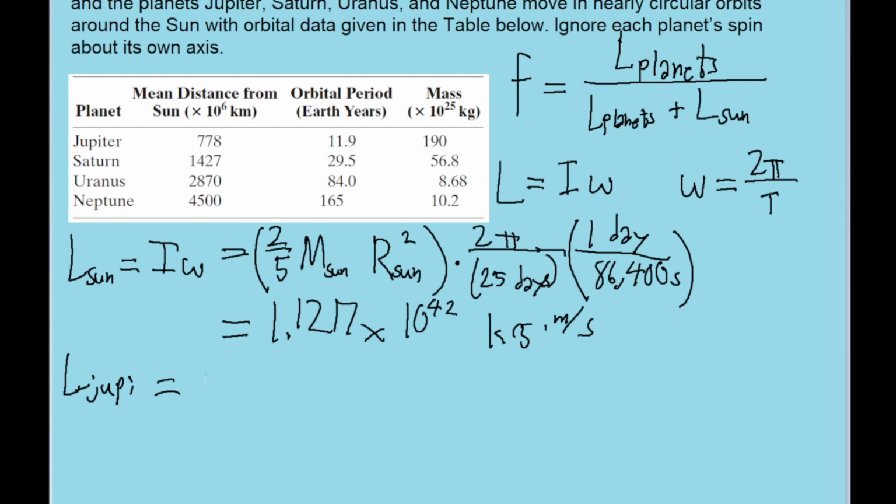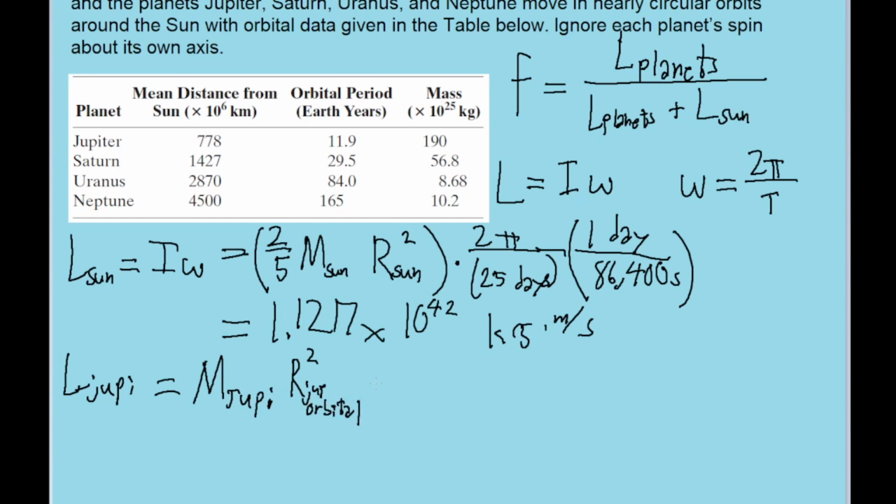So for the moment of inertia here, I'm just going to use the standard moment of inertia formula for a particle, m r squared. That is equal to the mass of Jupiter times the square of Jupiter's orbital radius.